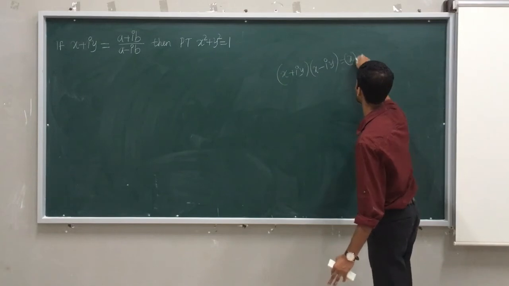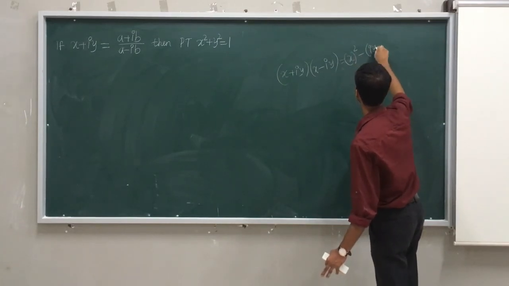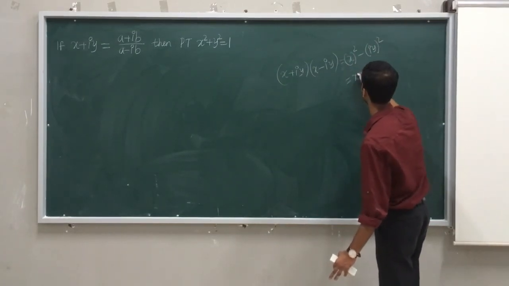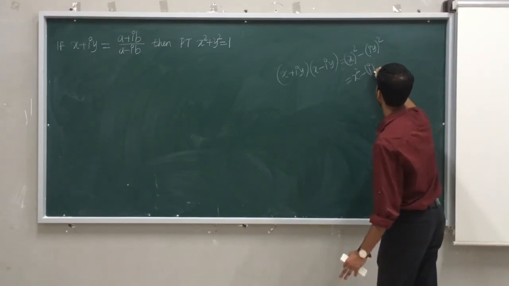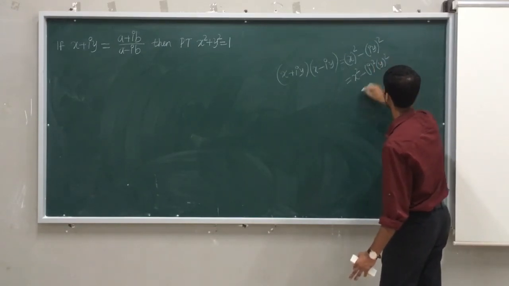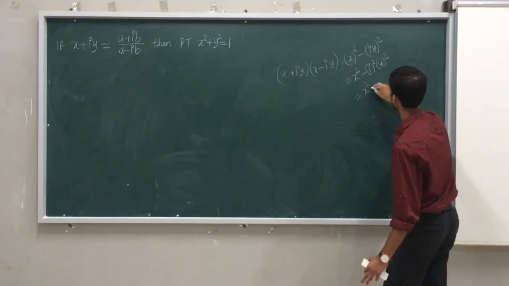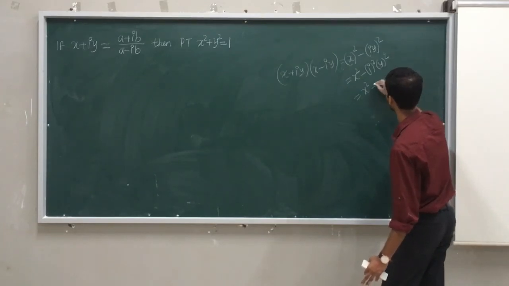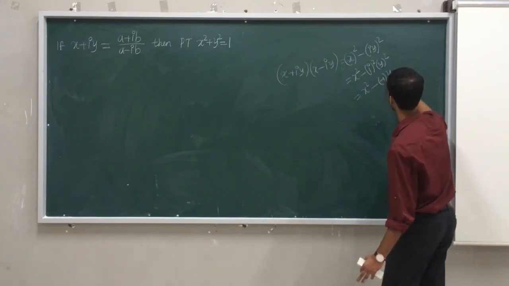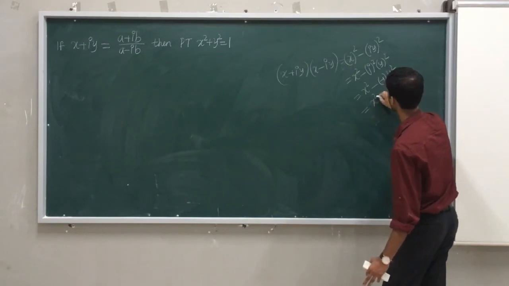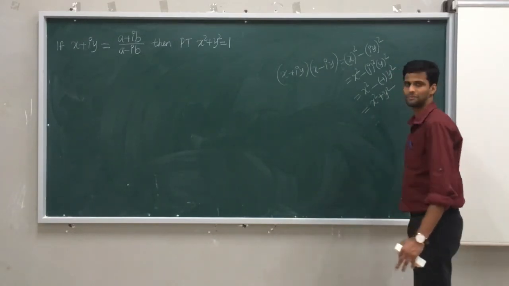The result is a square minus b square, that is x square minus i square into y square. I square is minus 1, so minus 1 into y square, minus minus becomes plus, it becomes x square plus y square.